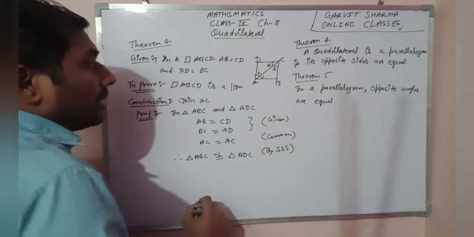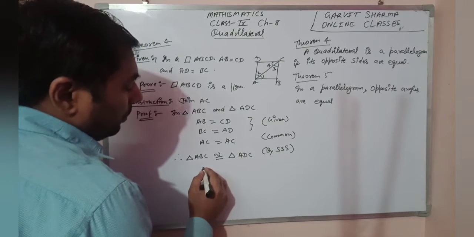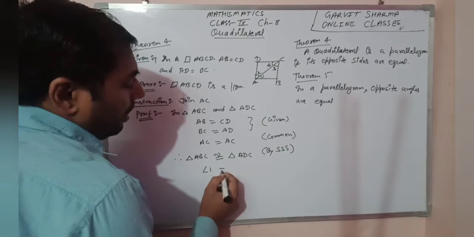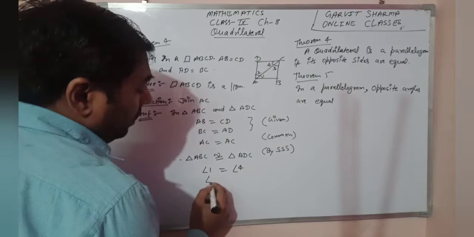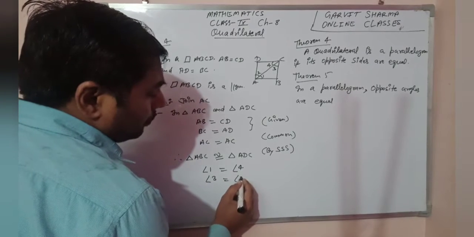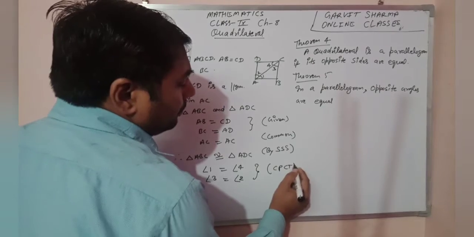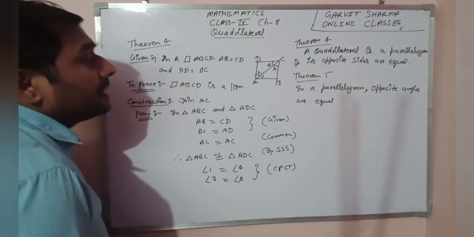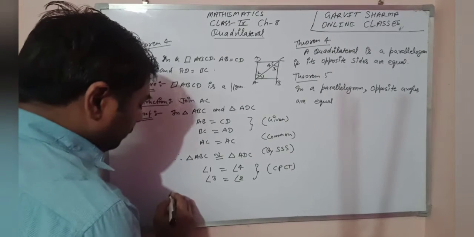Angle 1 will be equal to angle 4, and angle 3 will be equal to angle 2, by CPCT. Here we will write that alternate interior angles are equal.